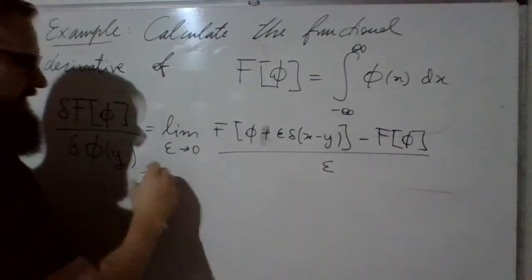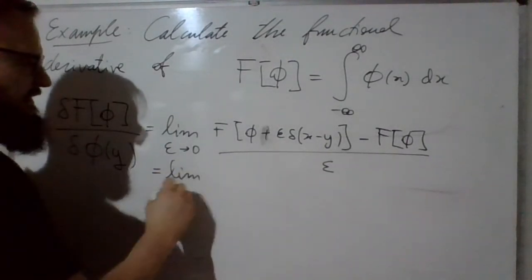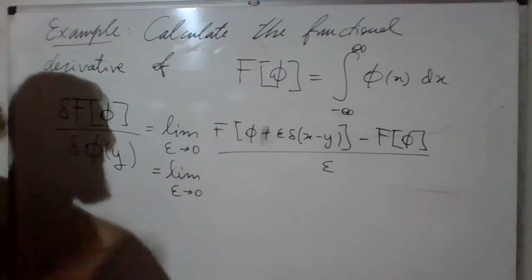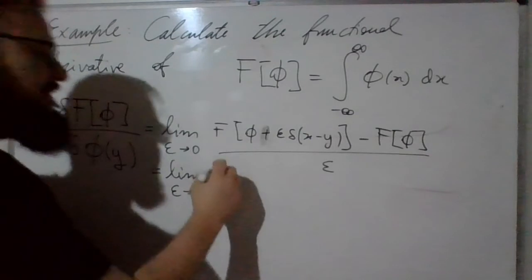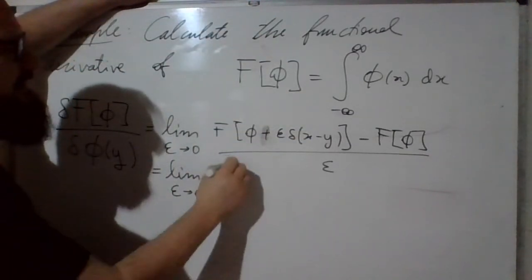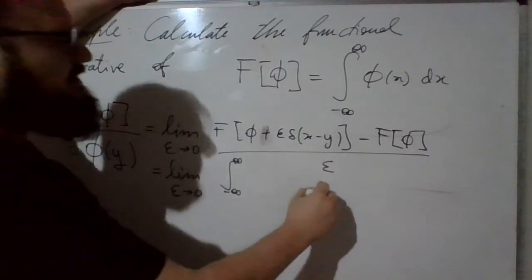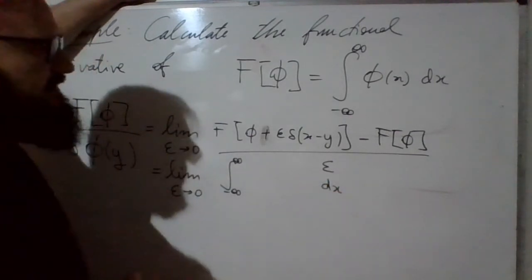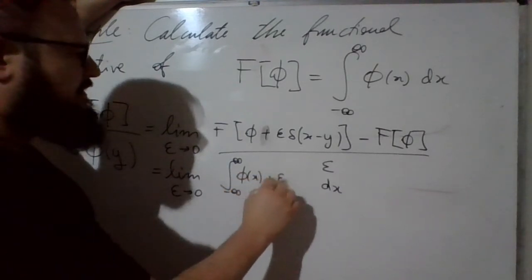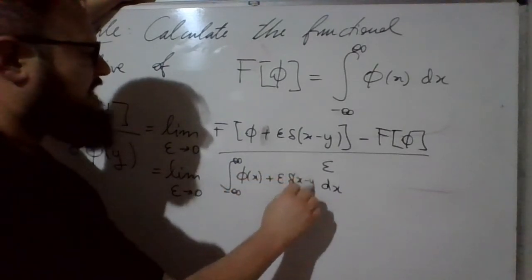In the present case, we have the limit where epsilon is taken to be 0 in the end. The functional is an integral from minus infinity to infinity. I am integrating over dx phi of x plus epsilon delta of x minus y.